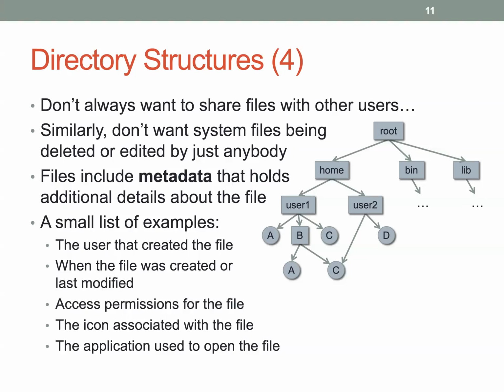So the icon associated with the file, you can have colors, you can have tags, you can have all kinds of other details in the metadata for the file. And most operating systems also allow you to specify the application to use so that you can double click on a file and the OS will automatically start the appropriate type of program to let you work with that file. You know, like your JPEGs on a Mac, you double click on a JPEG and it'll open up in preview or something like that.